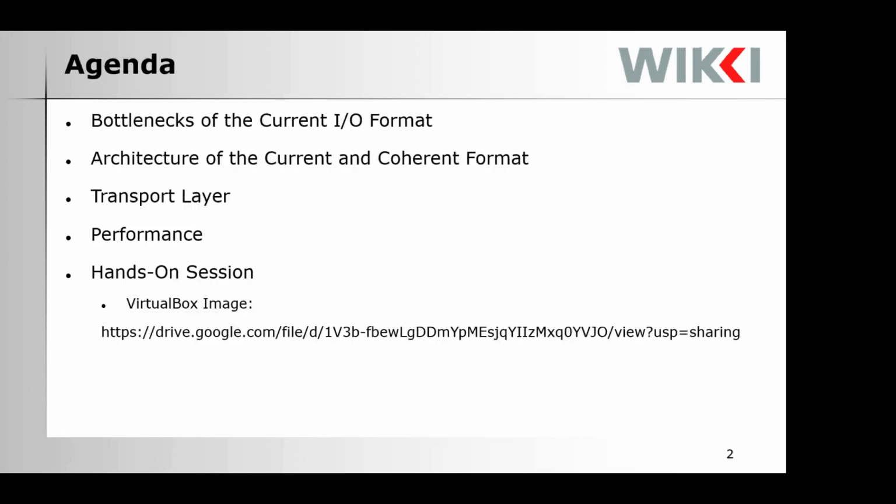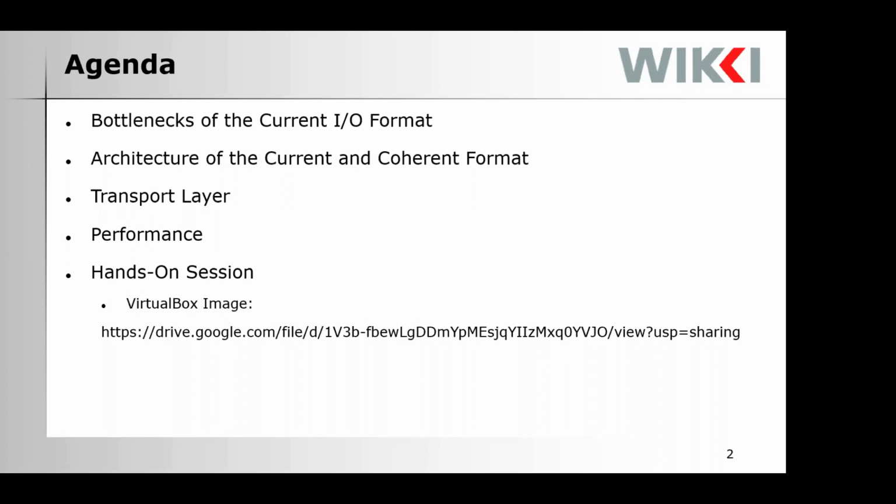But first, let me introduce you to this Coherent I/O format. So first of all, I would talk a little bit about the current bottlenecks of the current I/O format. Then the architecture of this format, and the Coherent one, what we do differently.